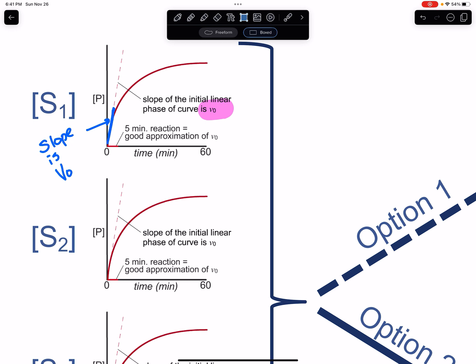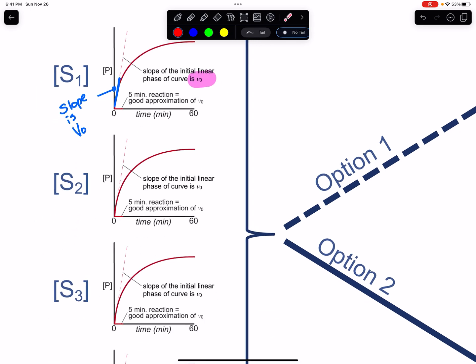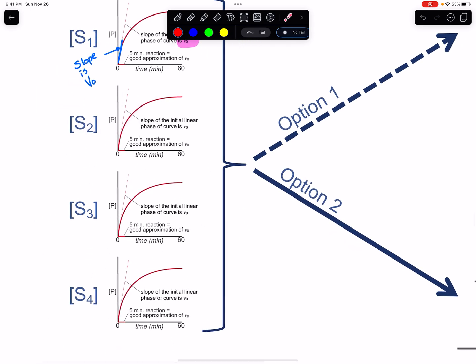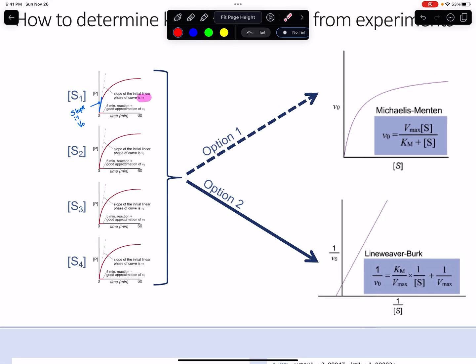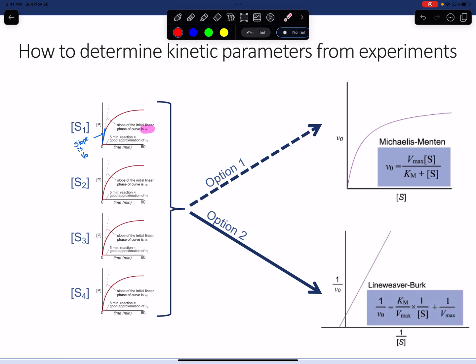You're going to be collecting data, and if your data winds up leveling off, then you're going to truncate the data and you're only going to fit a line to here, and you're going to use the slope of that line and you're going to call that your V0. So each one of these experiments will be done at a different substrate concentration. So in this figure, I have 4 different substrate concentrations. That's the absolute minimum that you would want to do.